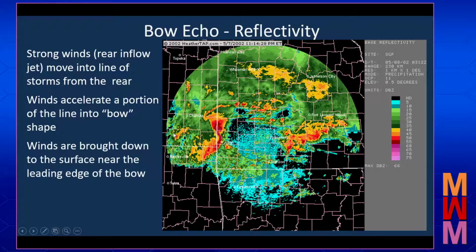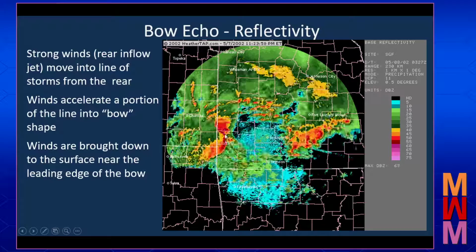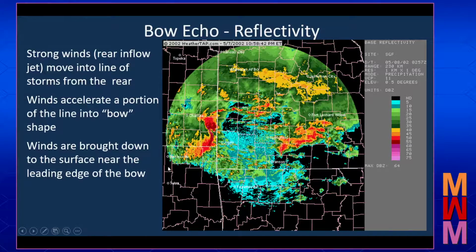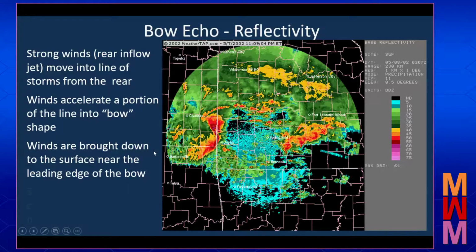Now, these strong winds in this rear inflow jet region will often be brought down to the surface, and bow echoes, as a result, have very strong straight line winds, damaging straight line winds, as the primary severe weather threat that can occur when we have a bow echo.